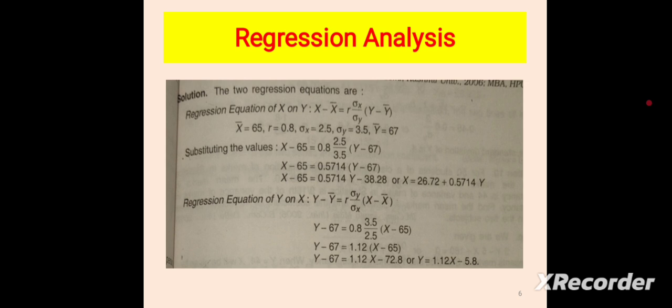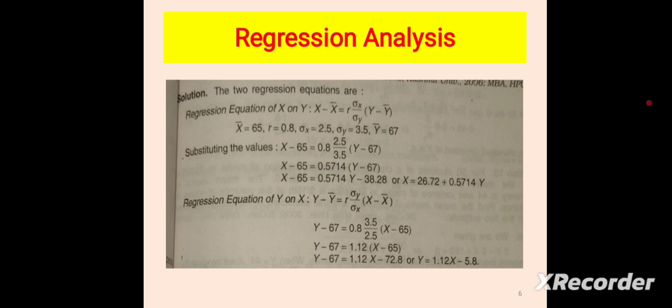At that time, minus 65 on the left side is taken to the right side, and minus becomes plus, so plus 65. Minus 38.28 plus 65 is equal to 26.72. So x is equal to 26.72 plus 0.5714y. This is the equation of x on y.